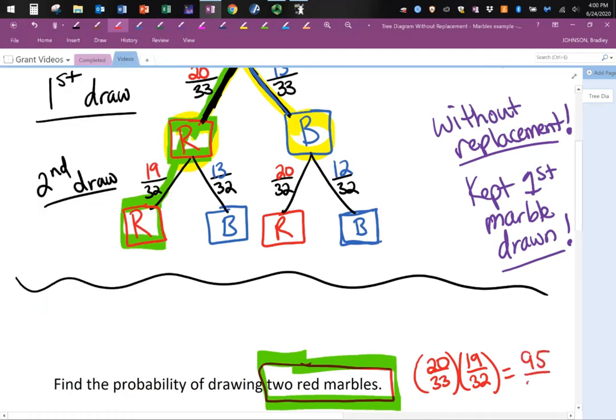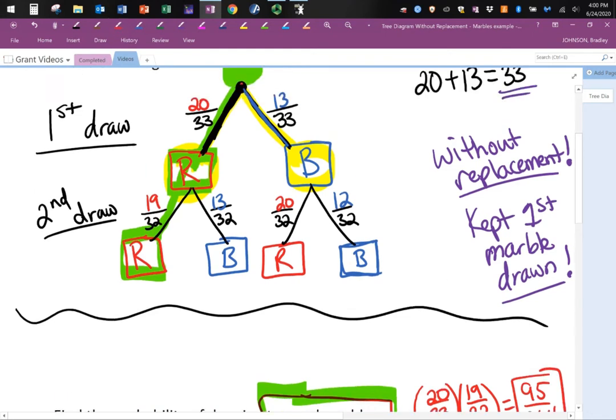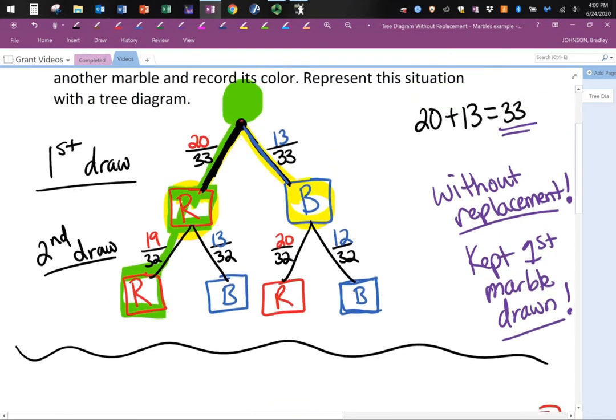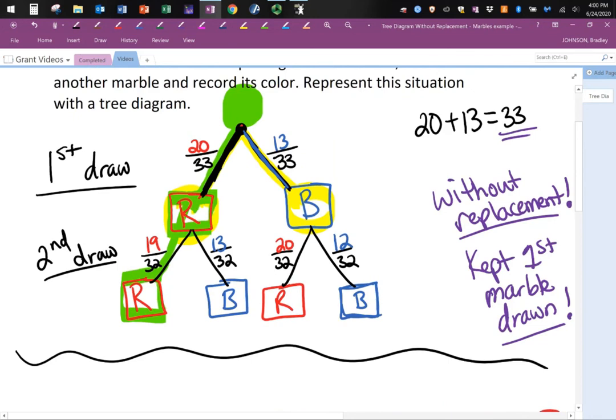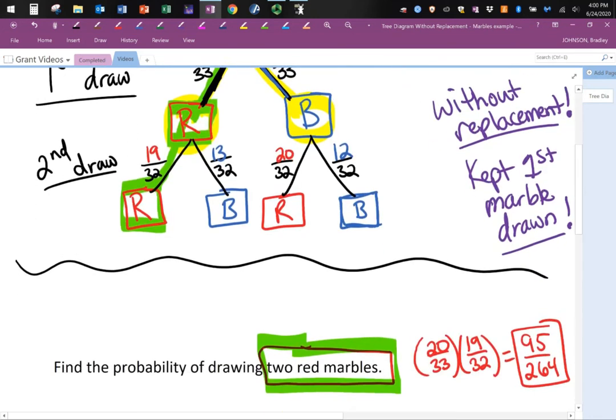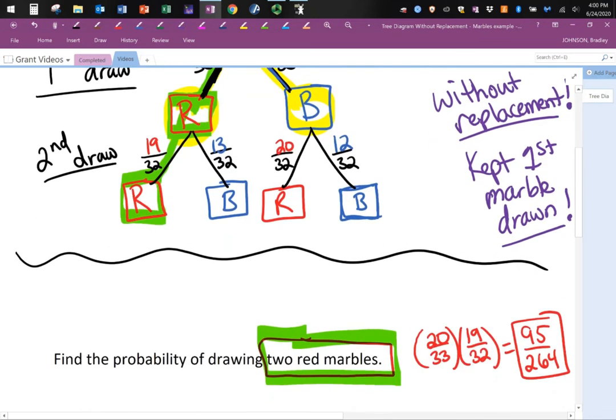This will be the probability of drawing 2 red marbles, like drawing one, then drawing another, right in a row. Okay, so that would be going down that 2 red marble path.